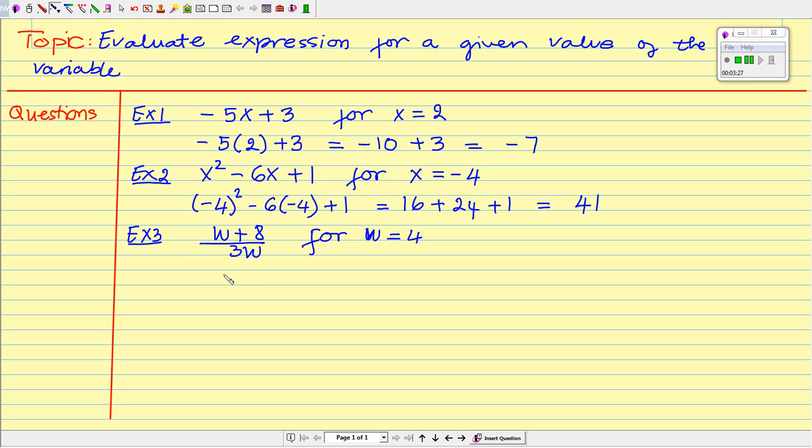So now you will substitute w for 4. For the numerator, for the top, you have 4 plus a. For the denominator, it will be 3 times 4. So now take care of the numerator first. So you have 12, and the denominator, you also have 12, so simplify, you get 1. Now let's move on to example 4.